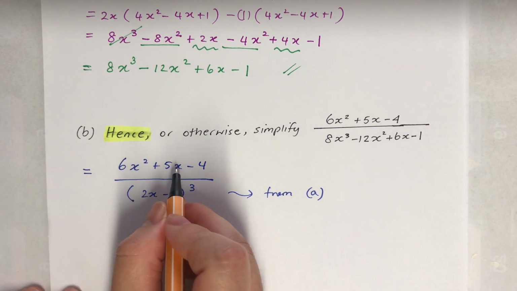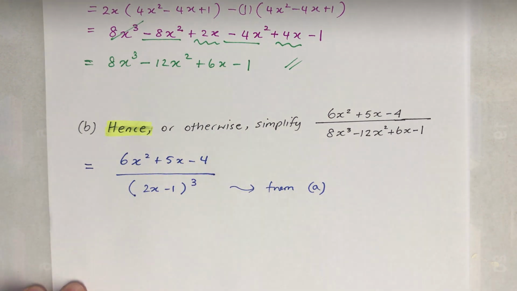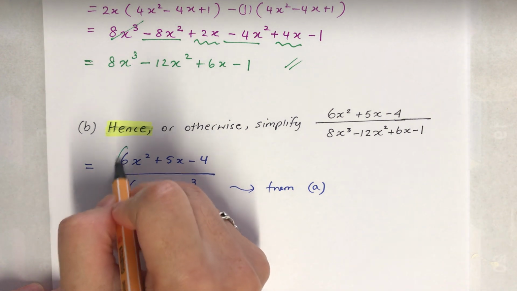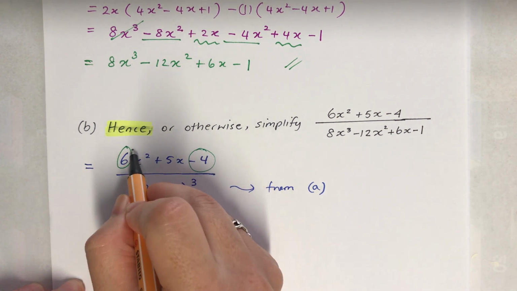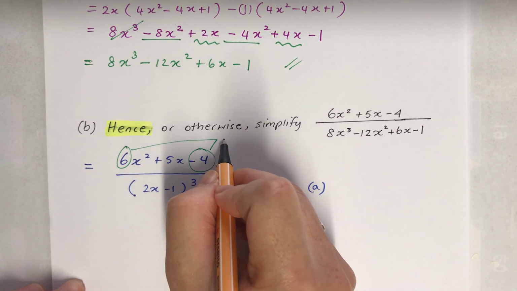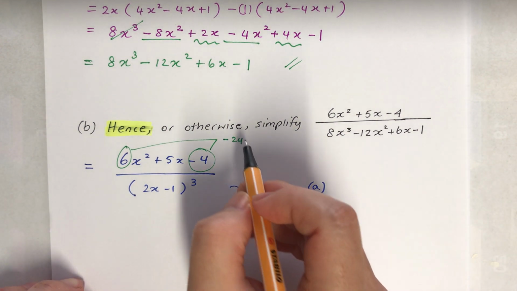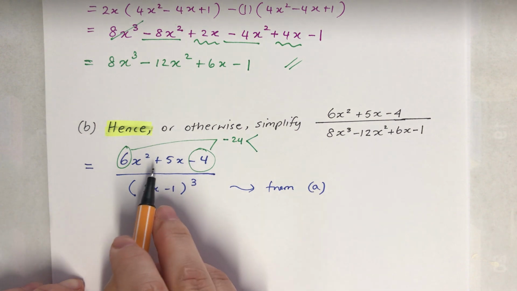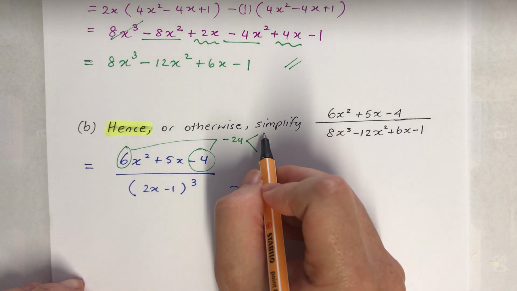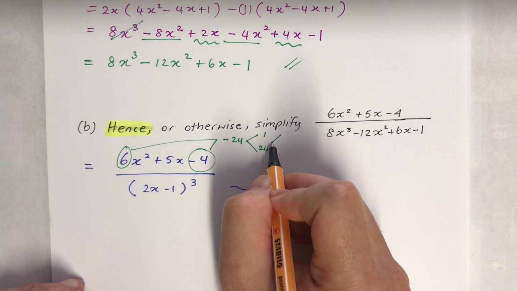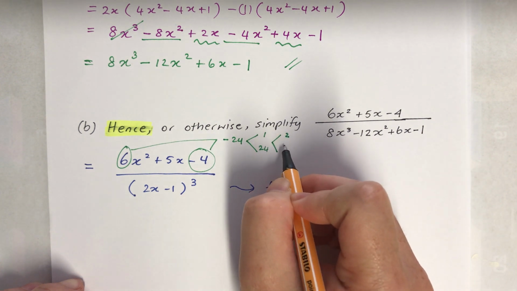And then I have to factorize this. Do you remember how to factorize a non-monic? You multiply them. What is it? 24. Now factors of 24 will give me 5. So start with the 1 and 24. No, it's not going to give me 5. 2 and 12.